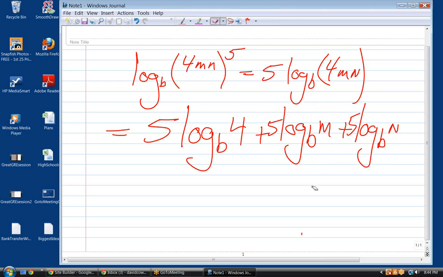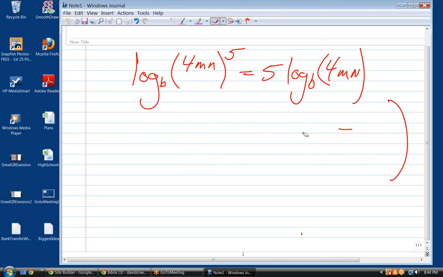No, this is probably the answer they want. The only different answer might be if they put parentheses around it and took the 5s out from inside the parentheses. In that way, either one is legit.